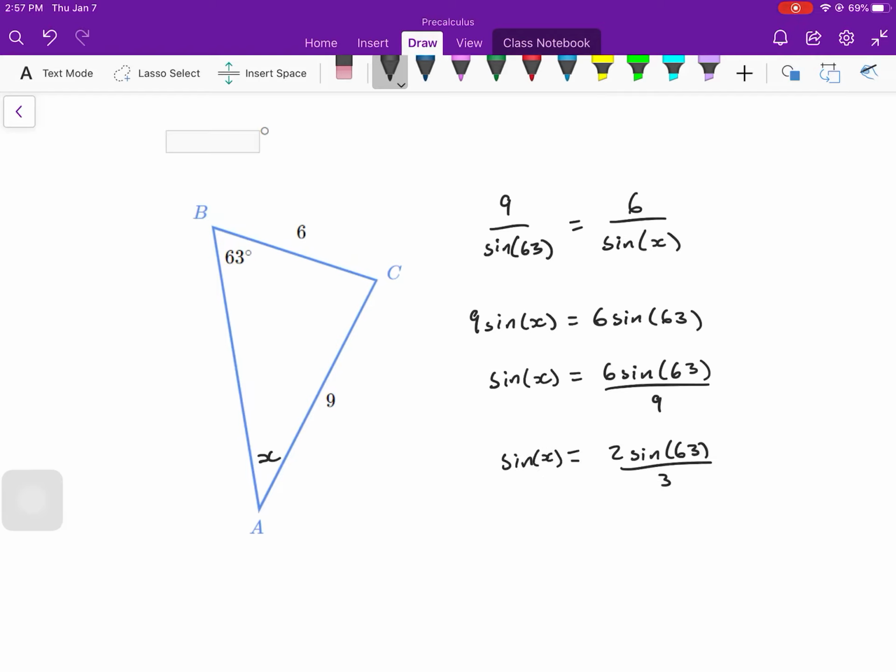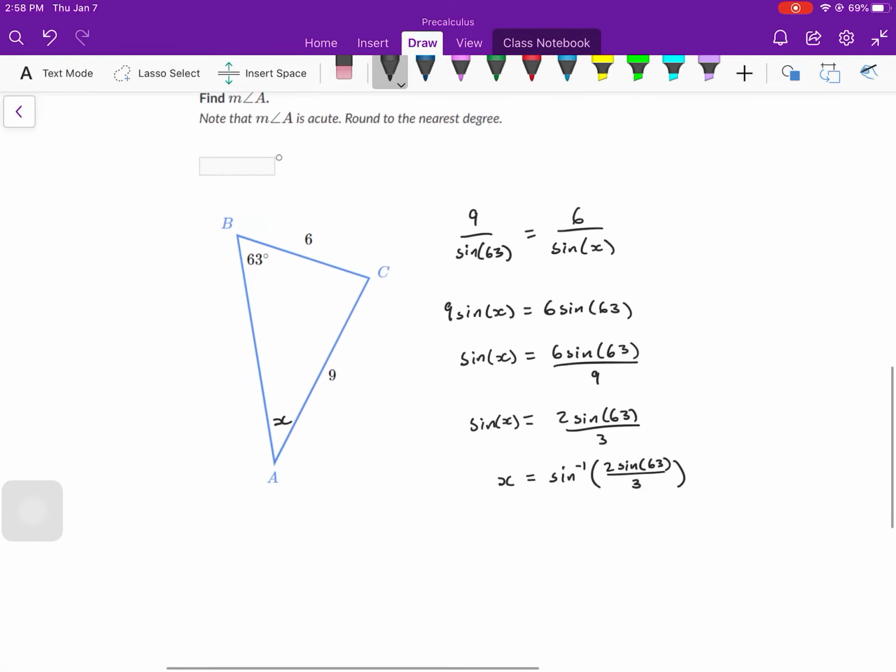Do you remember, if x is stuck inside the trig function, we do the inverse of both sides. You can refer to one of those previous lessons from the last unit. That was case 3 of solving for the angle, right? When we solve for an angle, we have to do an inverse trig function. See, I told you that last unit was definitely foundational.